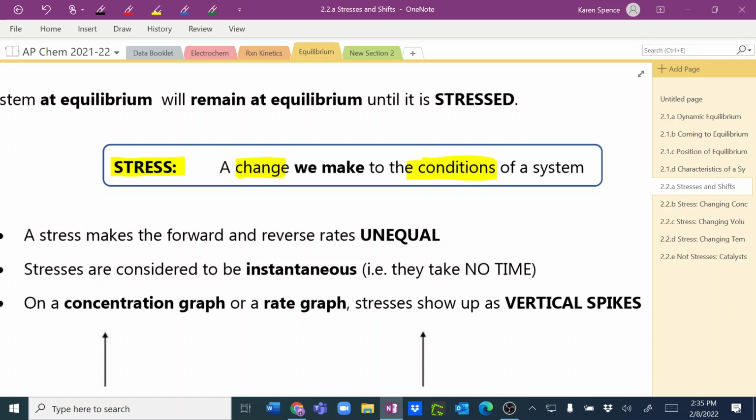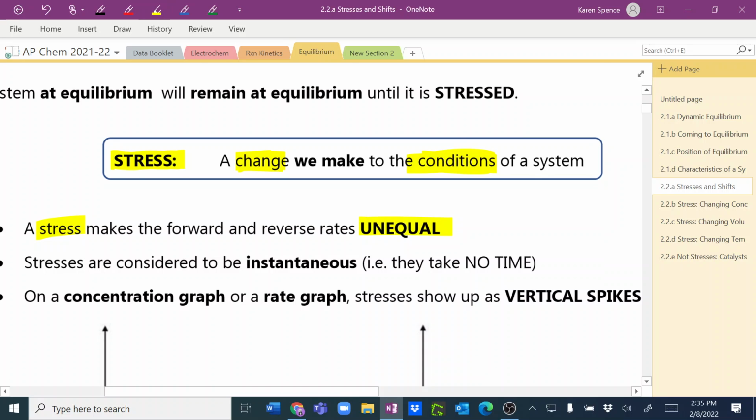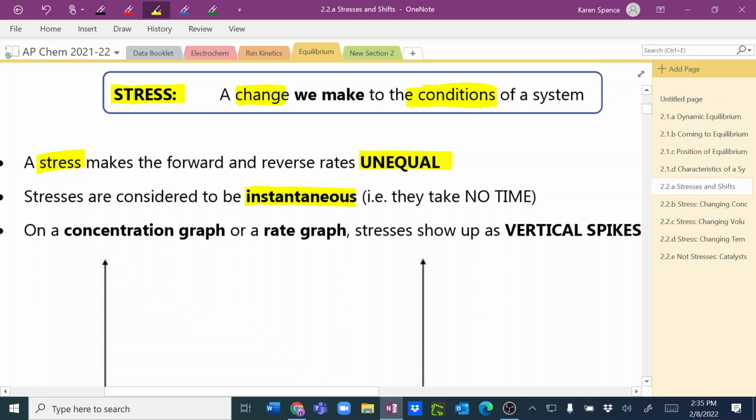So stress makes forward and reverse rates unequal. Stresses are considered to be instantaneous. They're not actually instantaneous, but when we are graphing them, we're going to say that the stress takes no time at all.